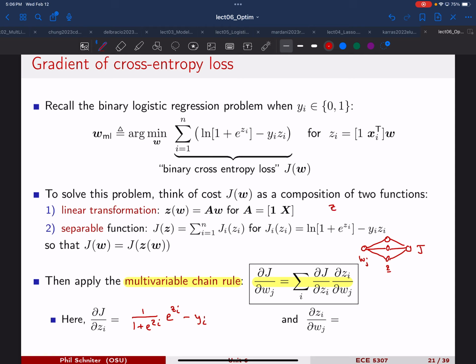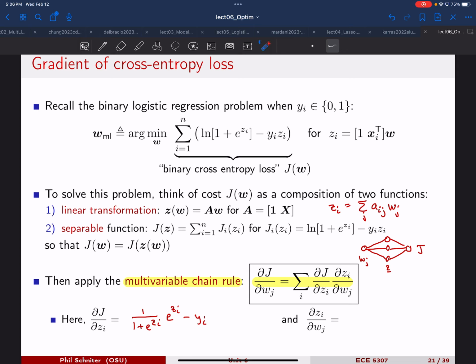So if I look at the ith term here, this is going to be a sum over different indices j of a_ij w_j.